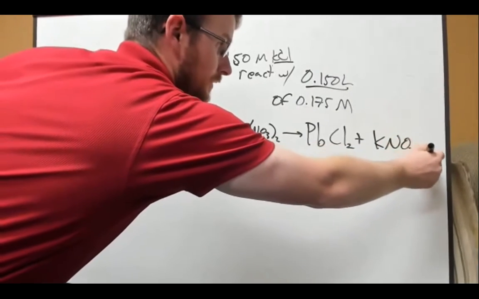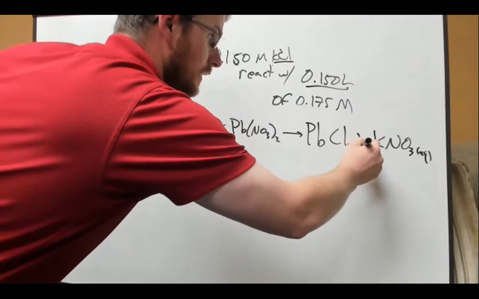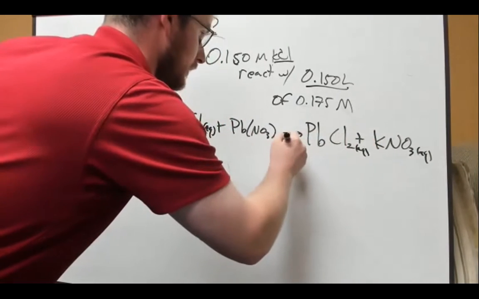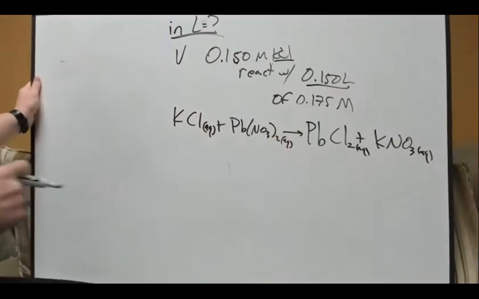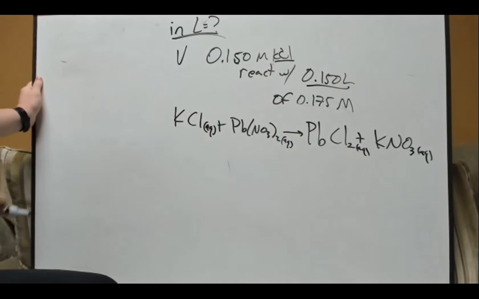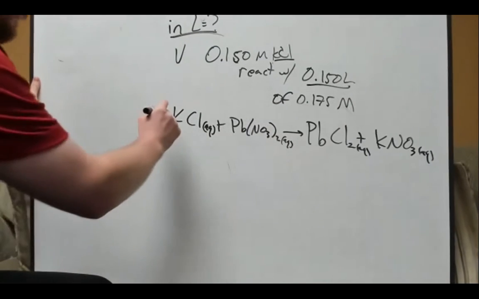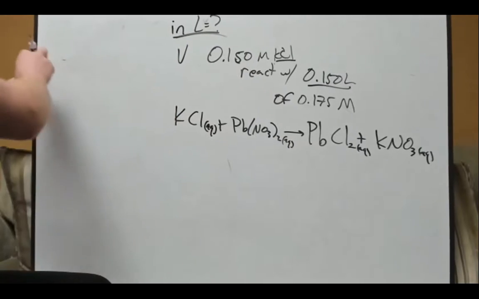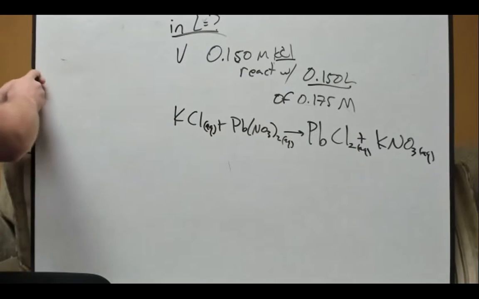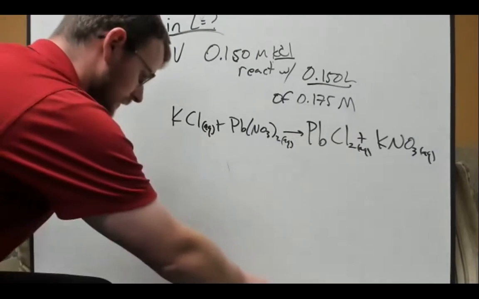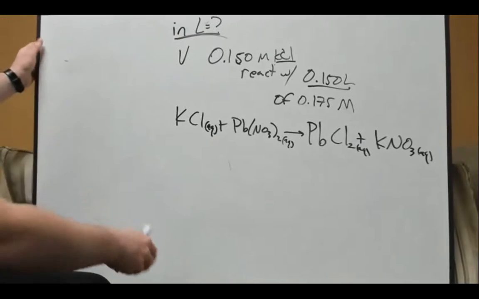All of these are going to be aqueous because they're in water. So we can solve it now. You're right, we need to balance it. Go ahead and take a minute to practice balancing it. These are pretty simple to balance.